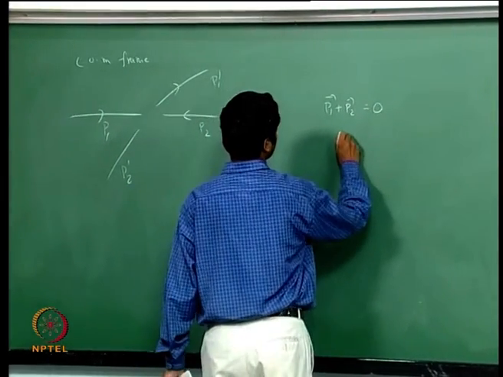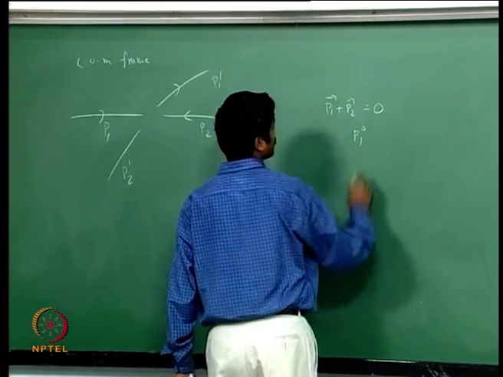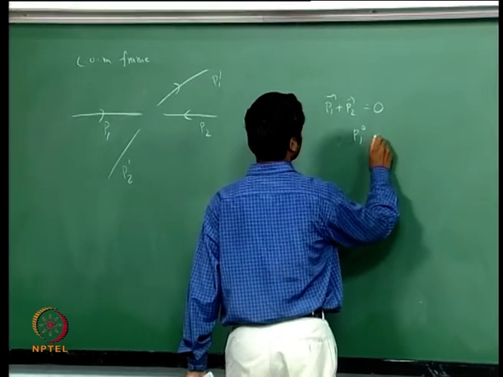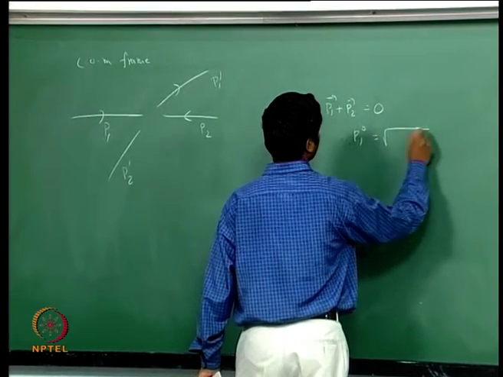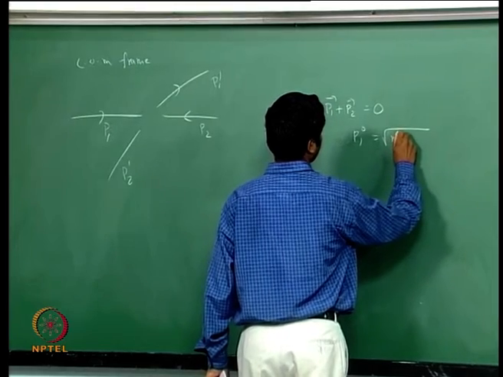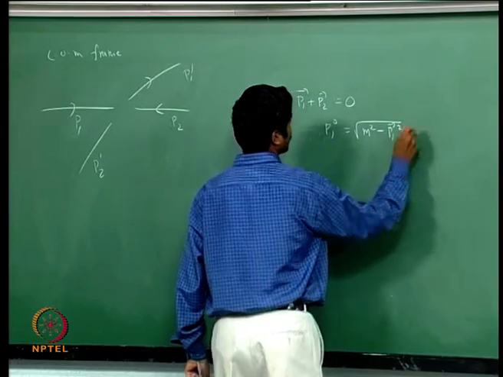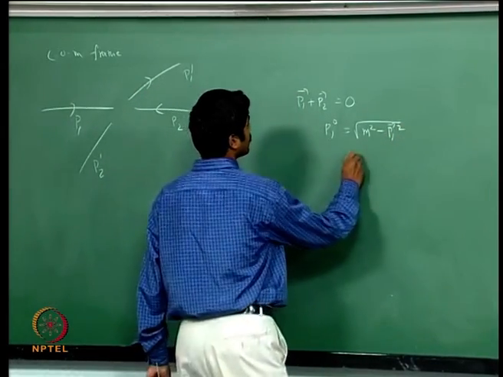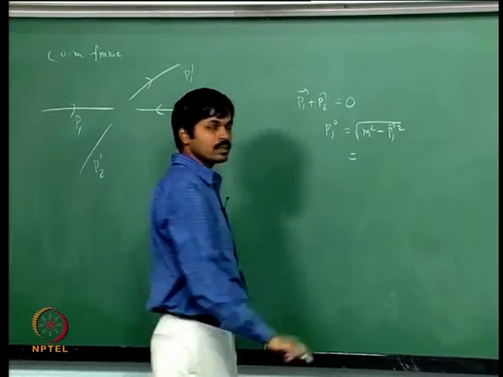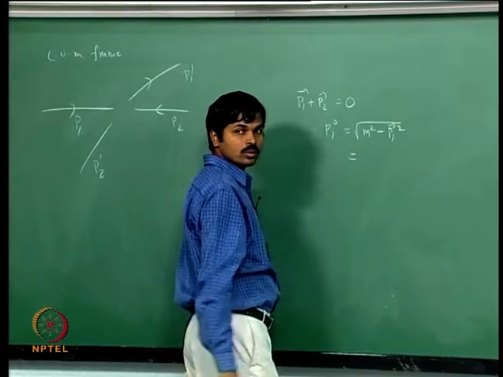Now, if you consider P1 0, which is just square root of m square minus P1 square, right. Now, because of this, mod P1 is equal to mod P2.